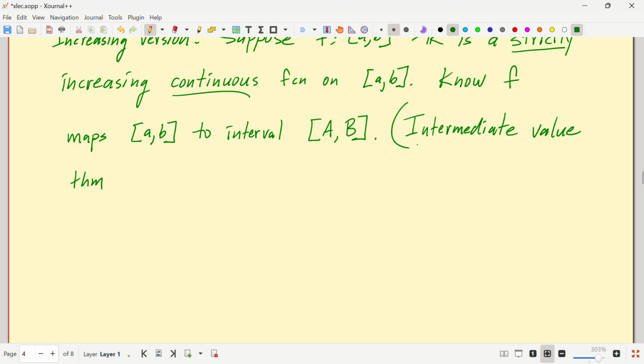I guess that's a remark. The intermediate value theorem means that the whole interval gets hit. Okay, now I'm going to start drawing pictures.